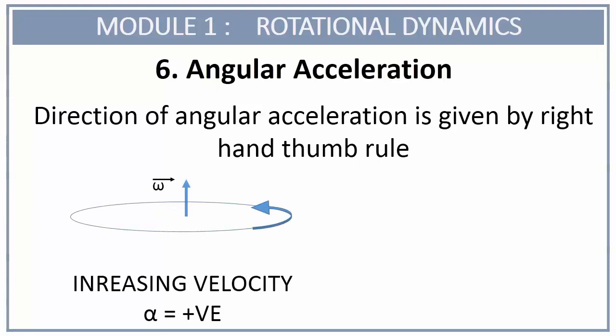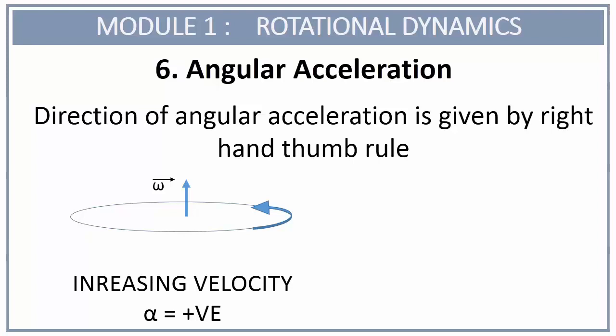Case number 1. If the particle is performing circular motion with increasing velocity. Students, we know if a body is moving with increasing velocity, then its acceleration is positive and the direction of acceleration is same as that of velocity.